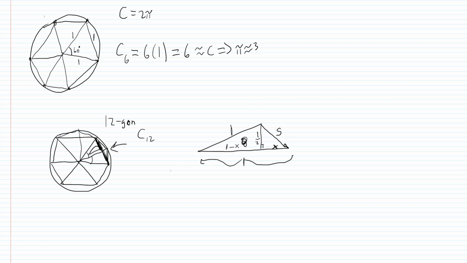You good? Okay. So we know that 1 squared is equal to 1/2 squared plus (1 minus x) squared.